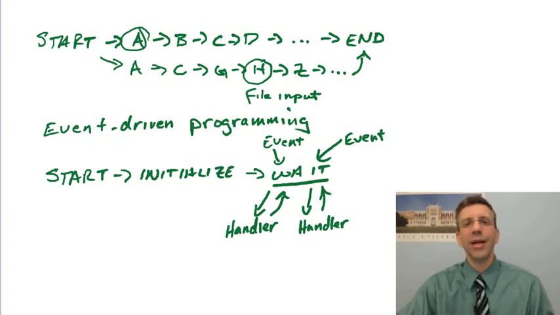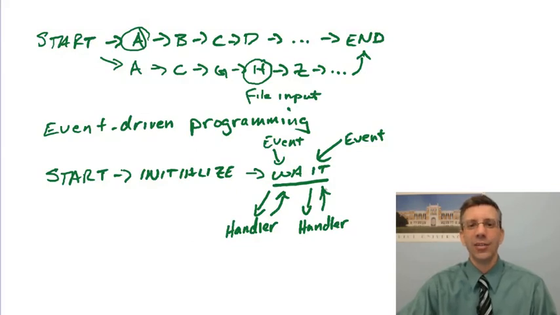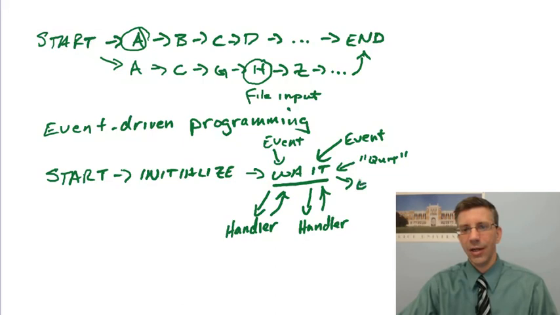When that's done, I go back to waiting. So most of the time, my program is just sitting there waiting. It's not doing anything. But whenever an event occurs, it immediately goes off, runs a handler, and executes the code in response. Eventually, to end my program, I get some sort of event that corresponds to quit. Basically says you're done. And then the program ends at that point.